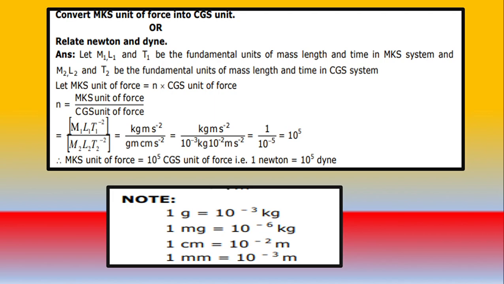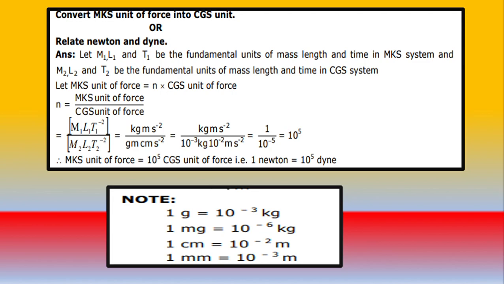Here we have taken m1, L1, t1 for the MKS or SI system, and m2, L2, t2 as the fundamental units of mass, length and time under the CGS system. On solving, we get kg meter per second square on top, and in the denominator CGS gram centimeter per second square.